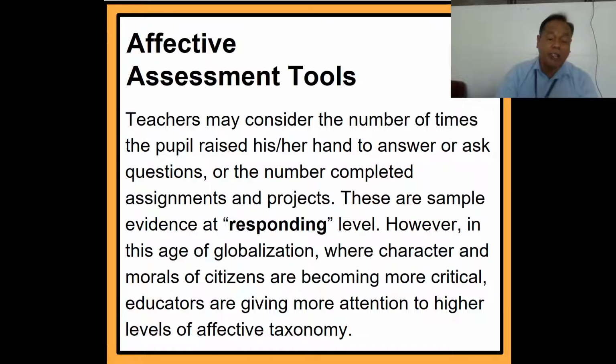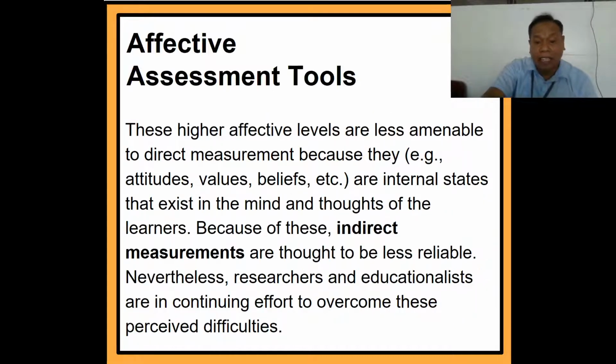However, in this age of globalization where character and morals of citizens are becoming more critical, educators are giving more attention to higher levels of the affective taxonomy. These higher affective levels are less amenable to direct measurement because it's very hard to observe them.